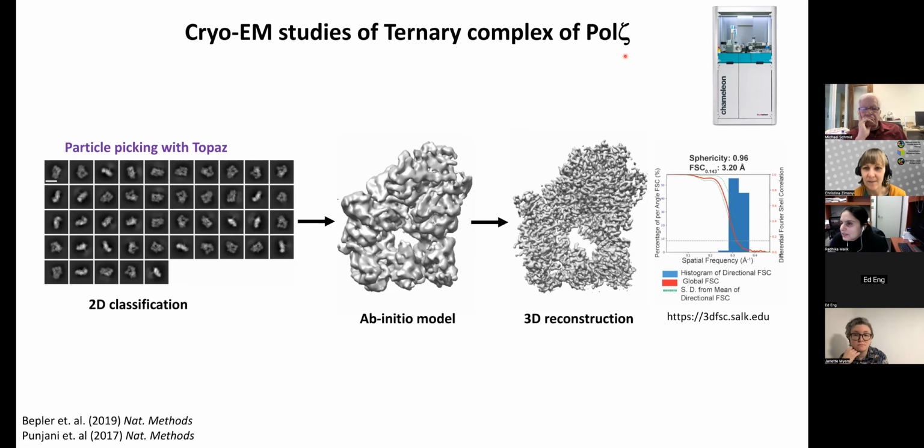But we actually combined a lot of data sets here in tilting, at least 4 data sets. A couple of grids were not good, so we did have up to around 50 nanometers of ice thickness.